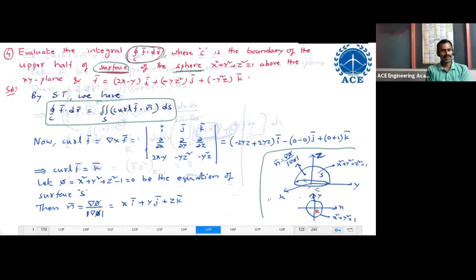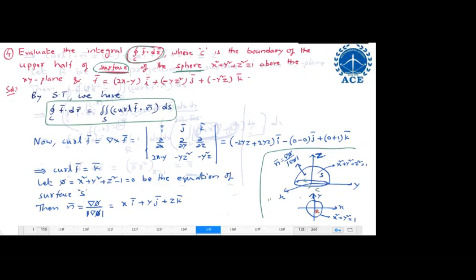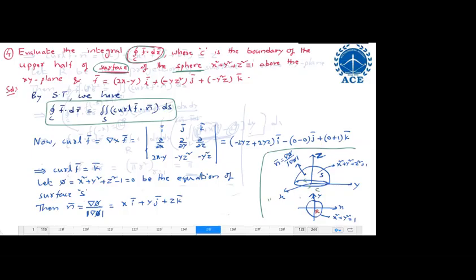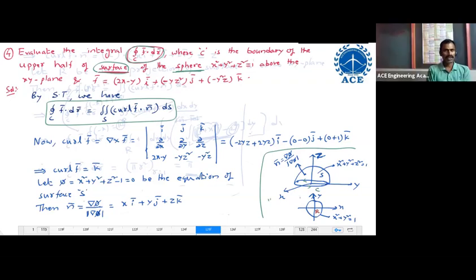If you are given region in space, that is 3D object, then Stokes theorem. And sir, while we are studying electromagnetics, Green's theorem is not there, sir. You are using Stokes theorem and Gauss, because there you are finding the 3D objects only. If you find 2D object, then we can use Green's theorem also.